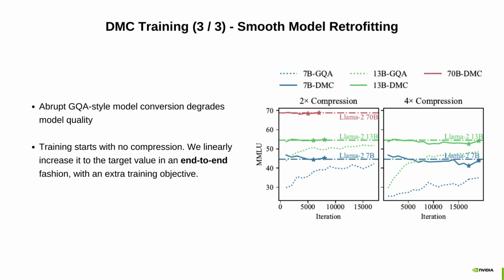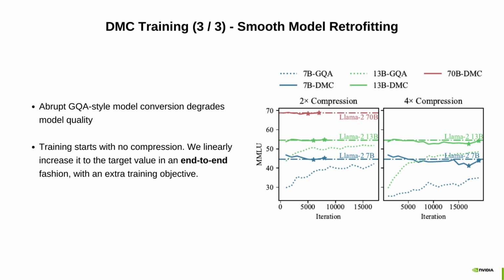The final ingredient for successful retrofitting of LLMs into more efficient DMC variants is to add compression to the model gradually, in a smooth fashion. GQA, one of the baselines we compare to, compresses the KV cache by sharing key value heads across query heads.